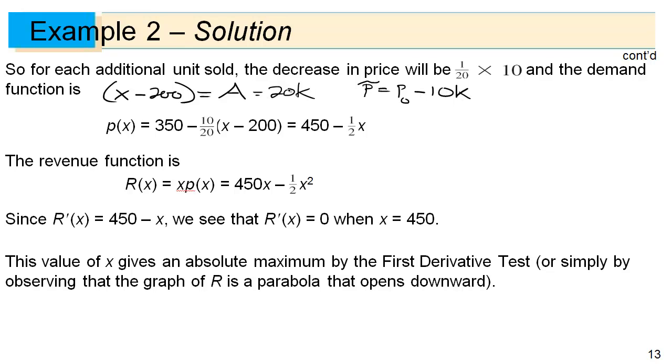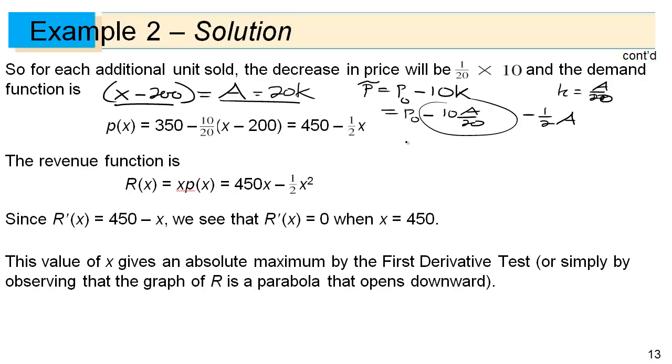Well, now solve for K. In this case, K equals A over 20. So this new price is going to equal the original price minus 10 A over 20, and this is just minus 1/2 A. Well, A is just this piece, so it really just equals the original price minus 1/2 times x minus 200.